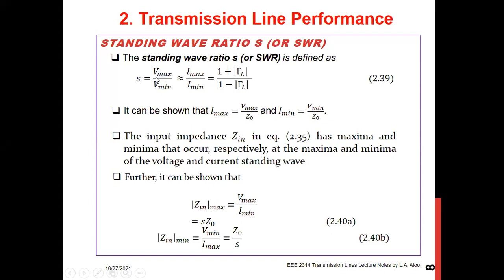The standing wave ratio is given by the ratio of the voltage maximum to the voltage minimum, and it will approximately be the same as the ratio of the current maximum to the current minimum. And it will be given by 1 plus the magnitude of the reflection coefficient over 1 minus the magnitude of the reflection coefficient. It can also be shown that, from Ohm's law, the maximum value of current will be V max divided by Z naught, and I minimum will be V minimum divided by Z naught.